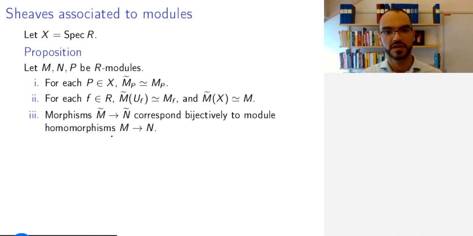Further properties: morphisms between M tilde and N tilde, for two R-modules M and N, correspond bijectively to module homomorphisms.